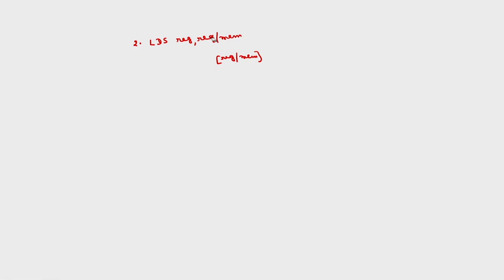Here there is no register as source, only memory. So, this memory contents will be transferred to the register, then the memory plus 2 contents will be transferred to the data segment. I will give the example so that it will be clear.